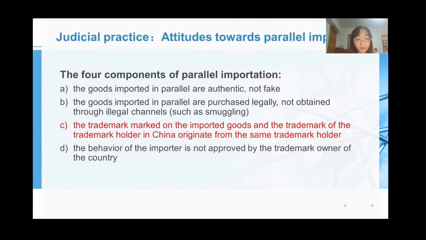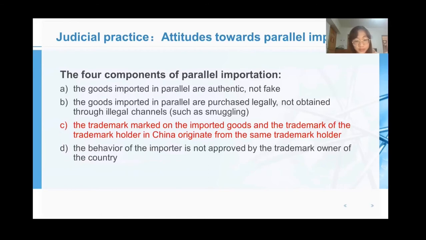Here are 4 components of parallel importation. Among them, C is the premise to discuss the problem of parallel importation. Because if a foreign trademark belongs to A, the domestic trademark belongs to B, and A and B are not the same subject, then there is no problem of parallel importation.